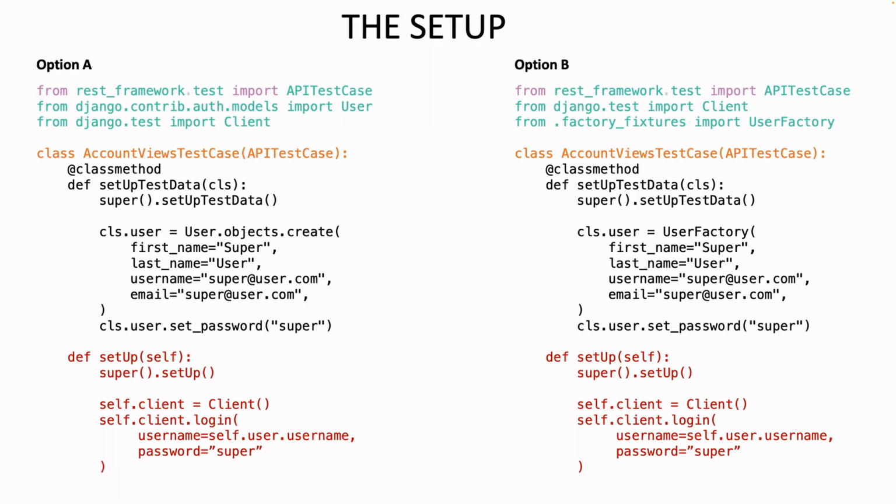Setup test data just makes it so that it creates the object once at the beginning of the tests and doesn't recreate it. Setup runs every single time a new test is running in that test case. I don't know if you guys knew this, but that's kind of how Python rolls. So the setup method runs every single time for each and every test. So if you have 10 tests, setup will run 10 times.